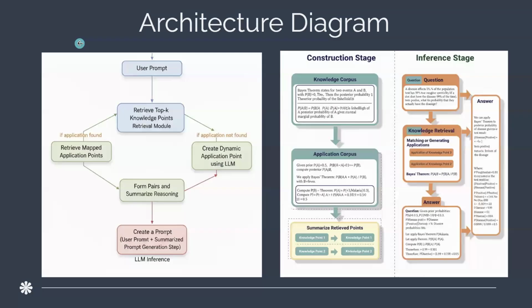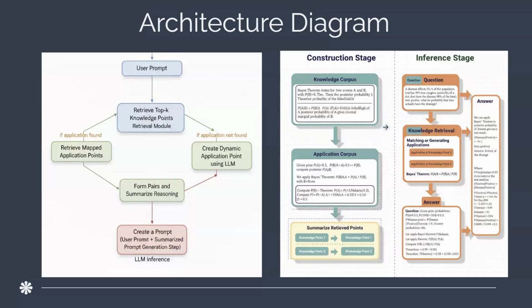First, the user gives a prompt, and based on semantic search we look at the knowledge points, and based on those knowledge points, we map them with the application points. But our project's specialty is that if we don't have any application points, we generate them using the LLM, map them and give them to the LLM as a prompt.